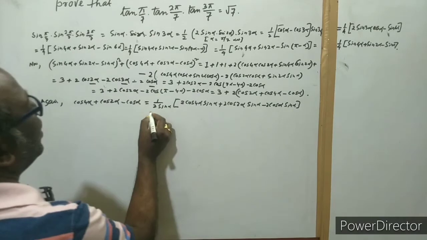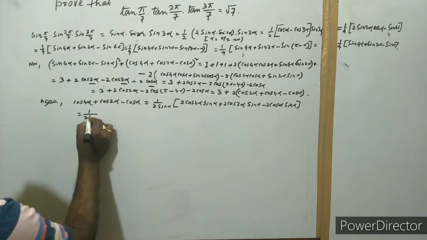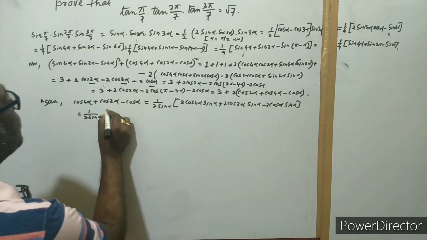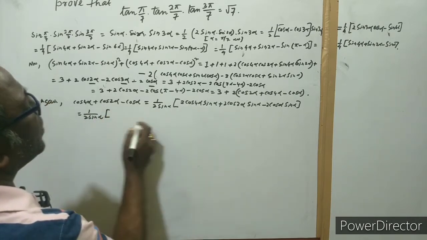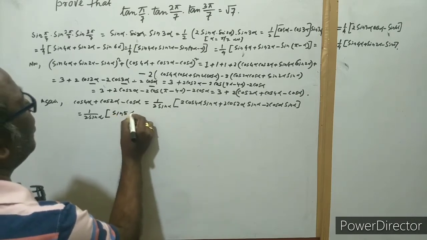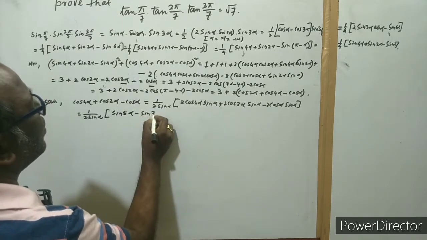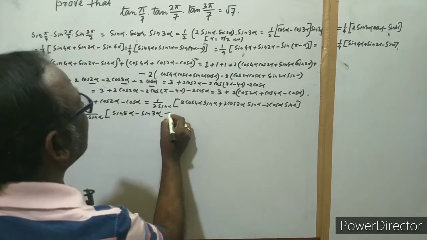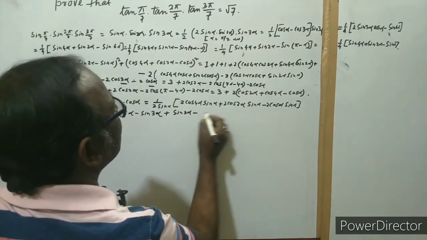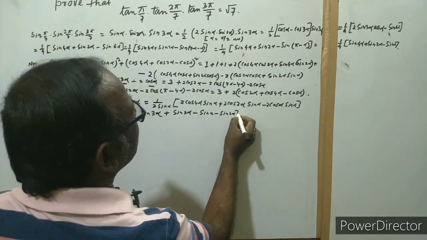Okay, and this is equal to 1 by 2 sin alpha, and that is equal to sin of 5 alpha minus sin of 3 alpha, plus sin of 3 alpha minus sin of alpha, and this is sin of 2 alpha.